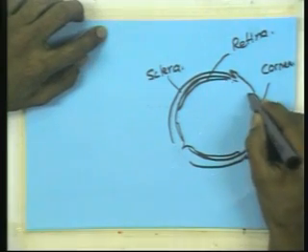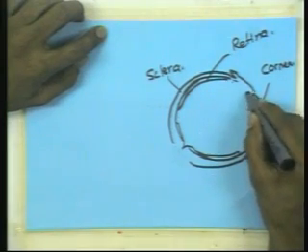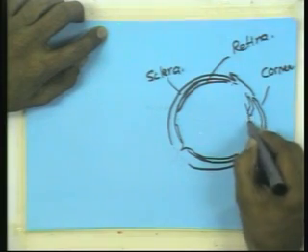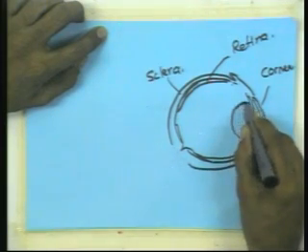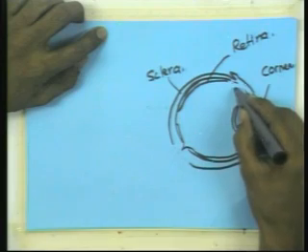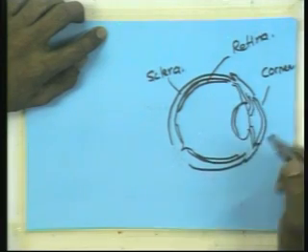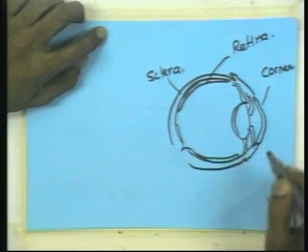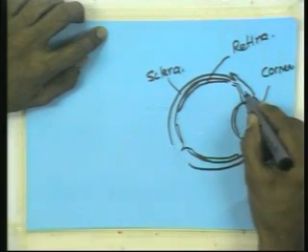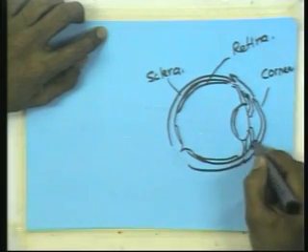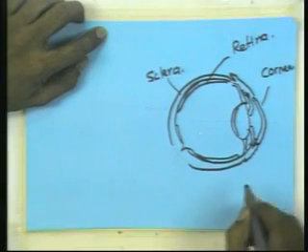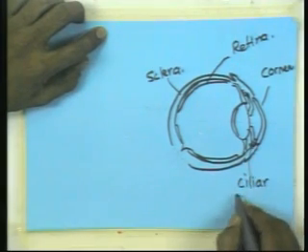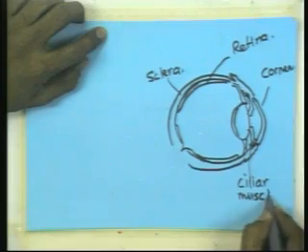And then you have the iris and the lens, and the lens is supported on fibers here which are muscular, and also the retina is connected to muscles here which are called ciliary muscles.